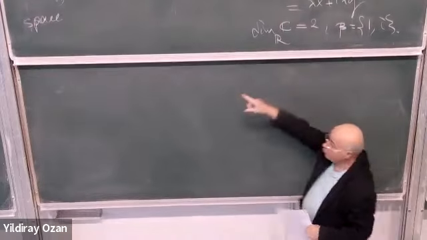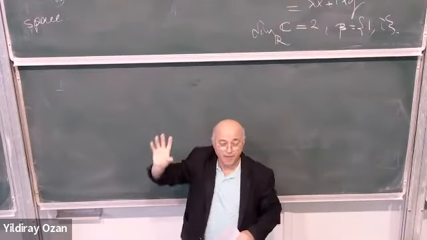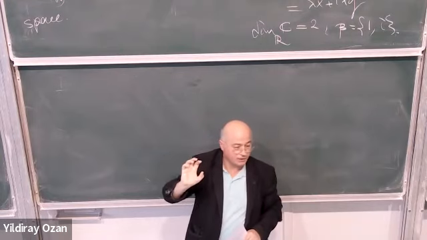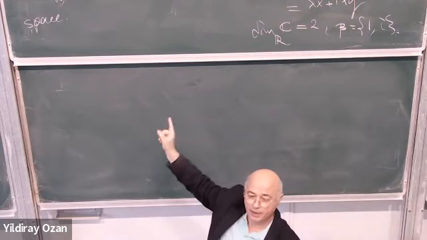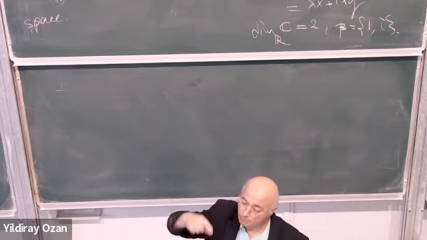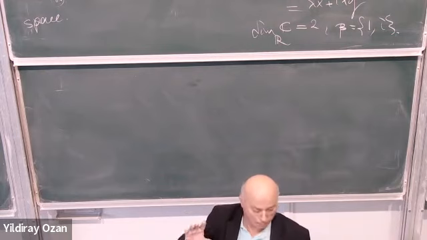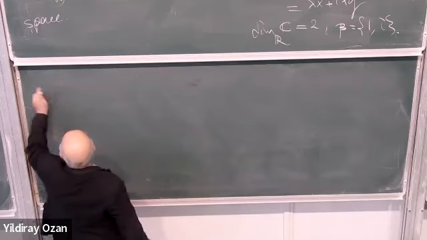Now, what I claim is that R3 tensor C is now a complex vector space. What I mean is that I can multiply the elements of that gadget not only by real numbers, but also by complex numbers. How?